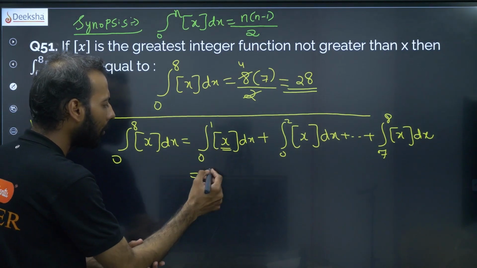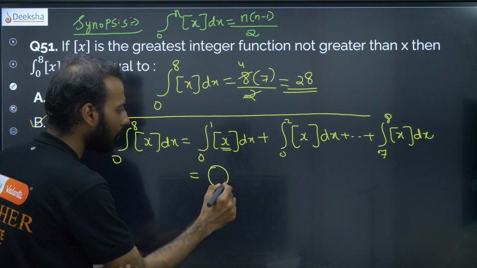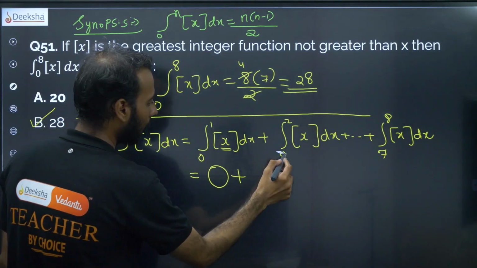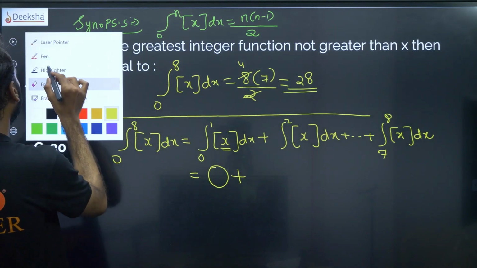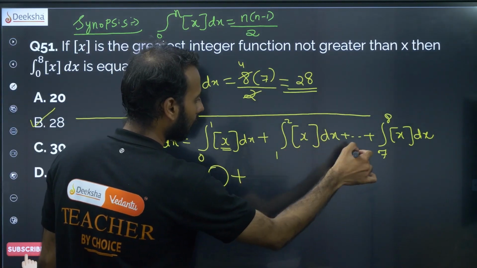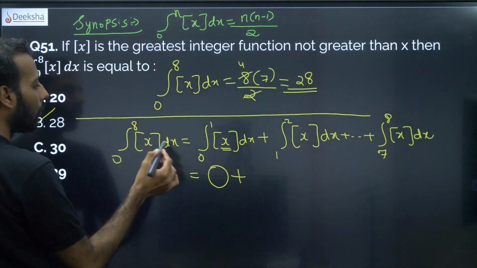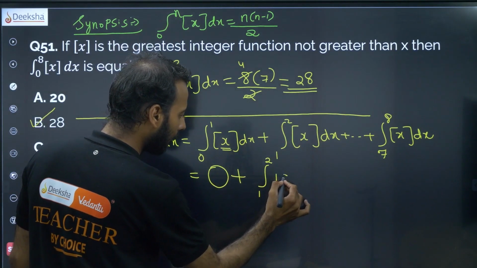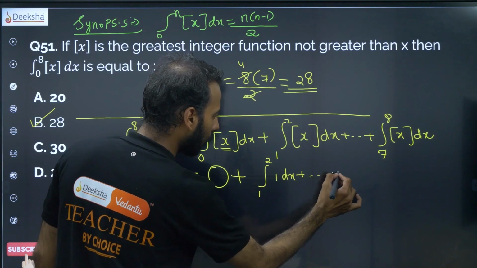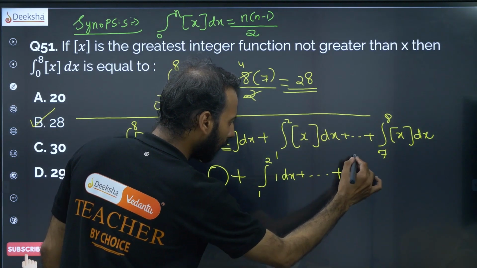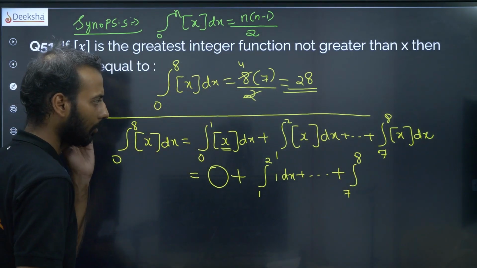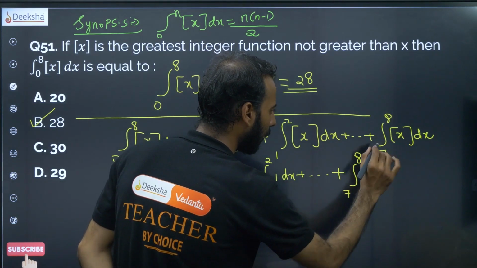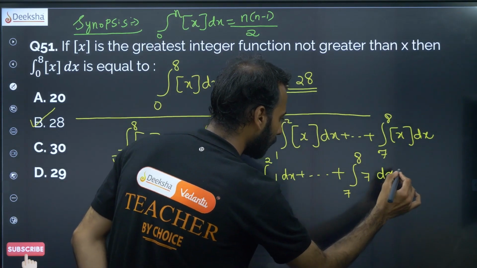You give any number between, this will be 0 only. So integration of 0. Next, if you give 1 to 2 any values, you will get 1 dx, plus so on, plus 7 to 8. If you give 7.1, or even 7.99, you get 7 dx.